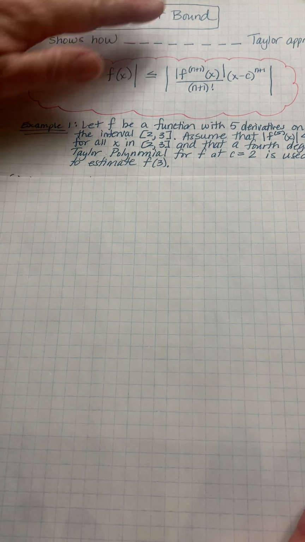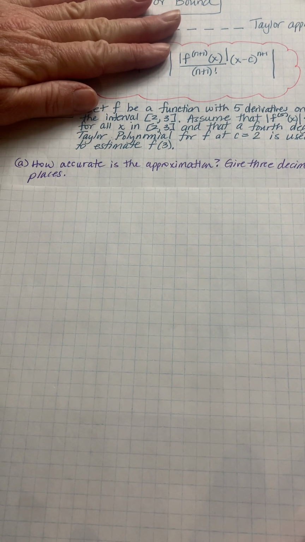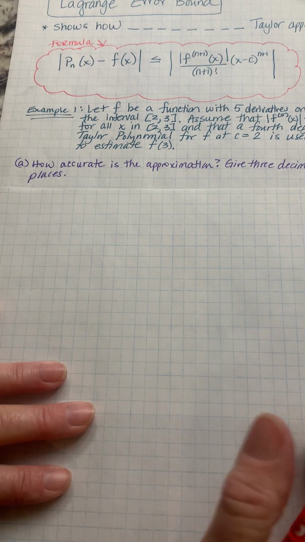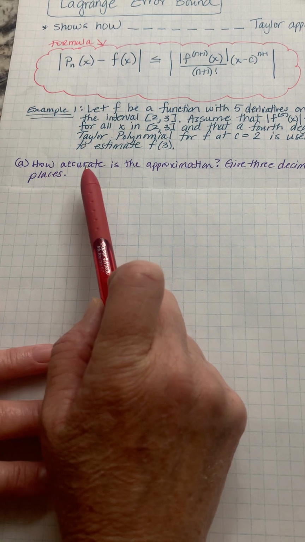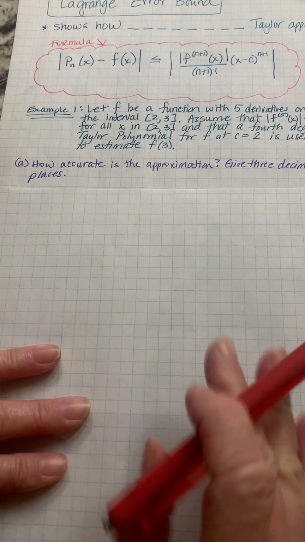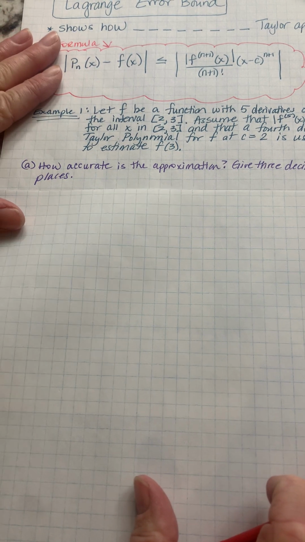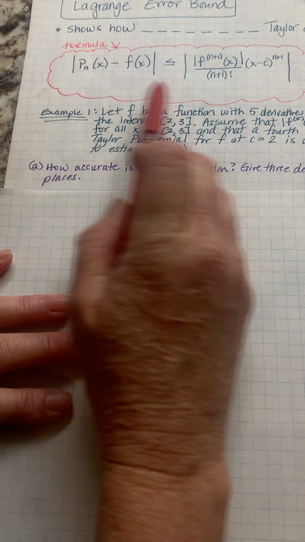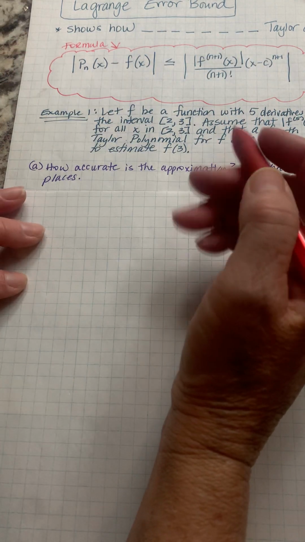Okay, that's the information given. Part A says, how accurate is the approximation? Give 3 decimal places. Okay, so we're going to practice plugging in to this bad boy up here.